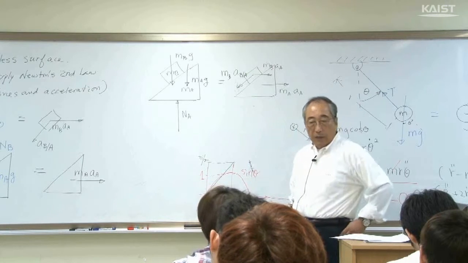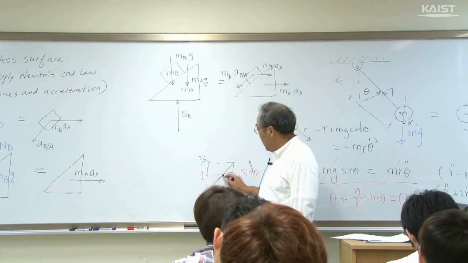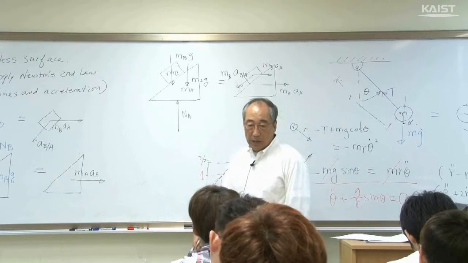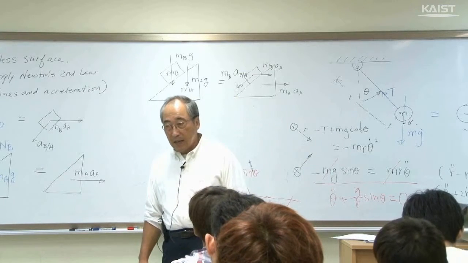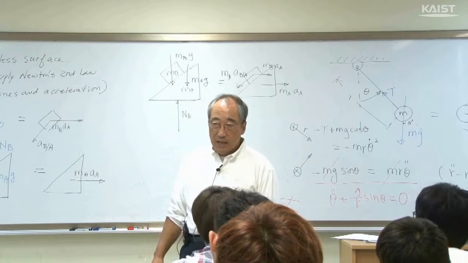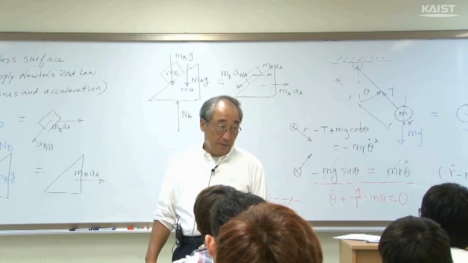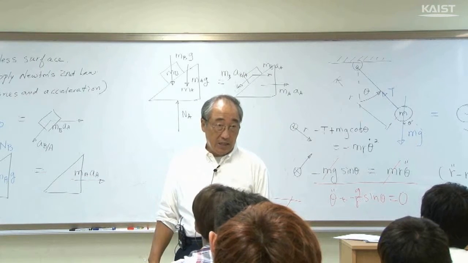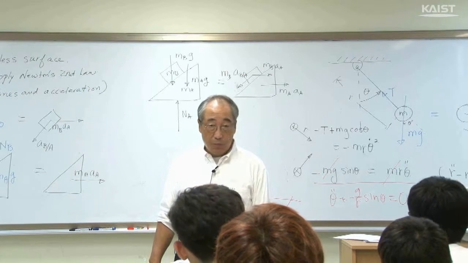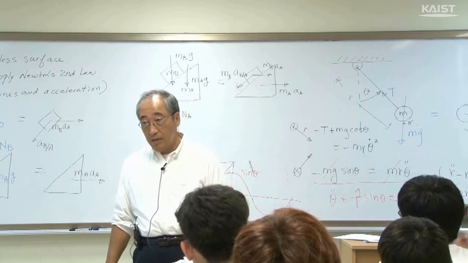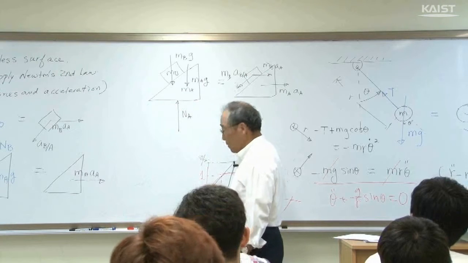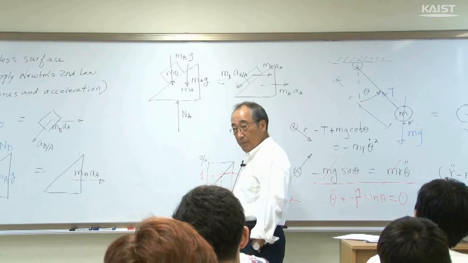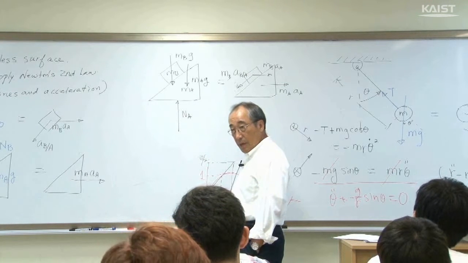Then, it is very interesting to note that up to this point, theta and sine theta are very similar. So we can assume that sine theta can be approximated by theta by observing this kind of physical behavior. Right?